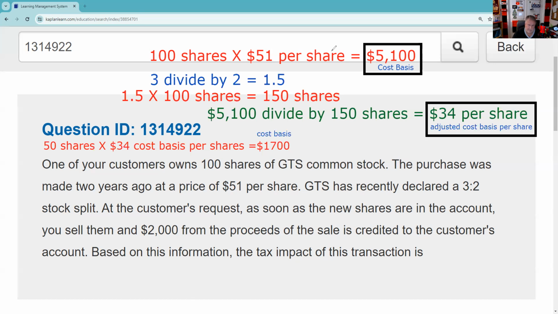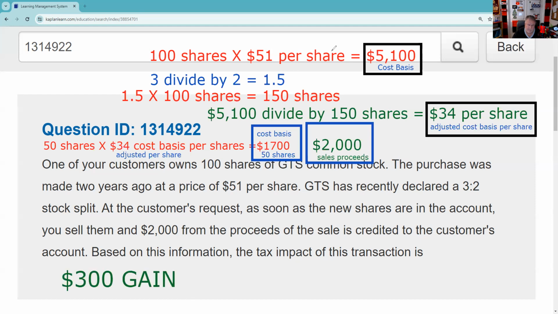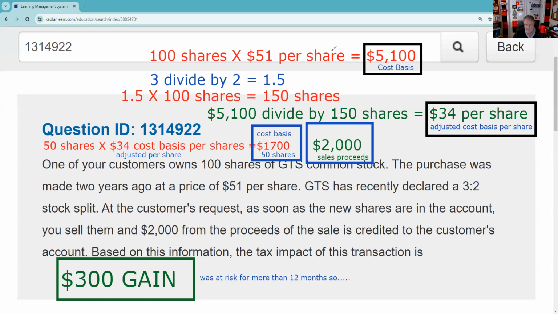So my cost basis on that piece of the transaction is $1,700. I sold it for $2,000. So I made $300. I was at risk for more than 12 months. By the way, there's no change in the holding period based on those 50 shares. So I don't know if that's what that person was struggling with or not. But this is a $300 long-term capital gain because I was at risk for more than 12 months.